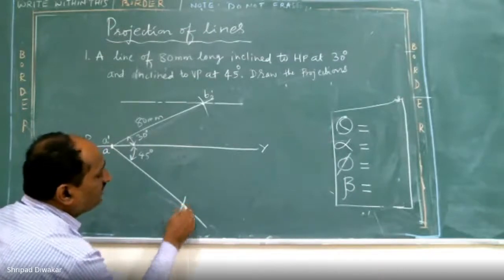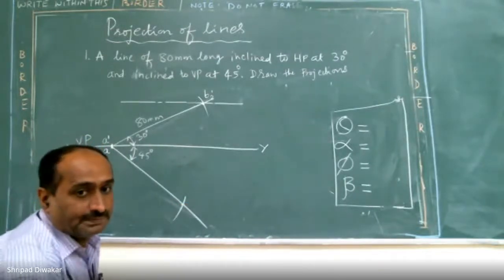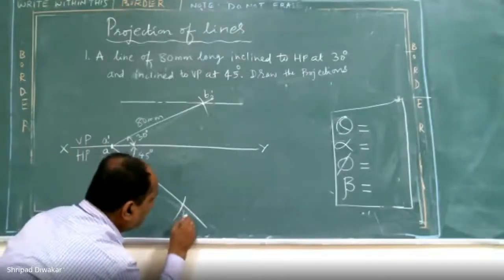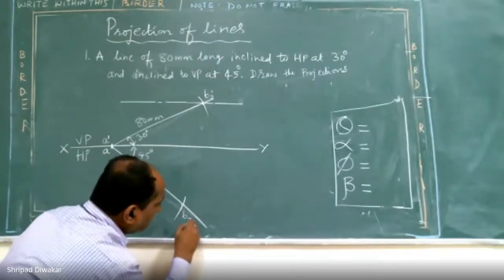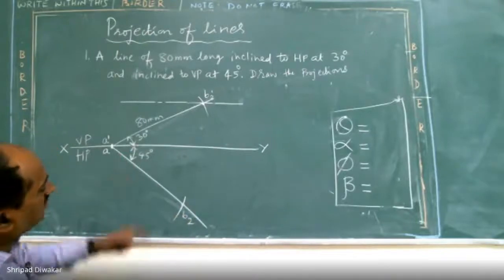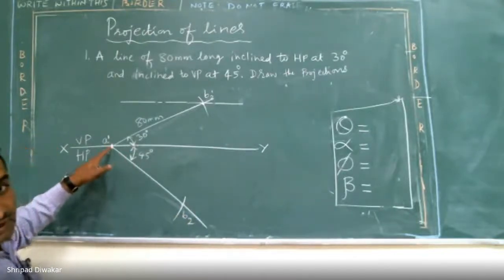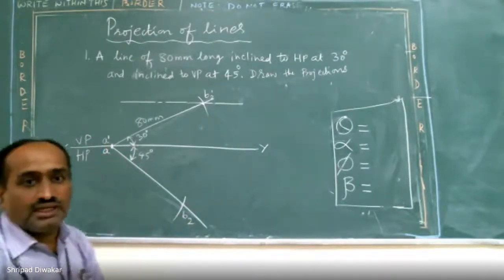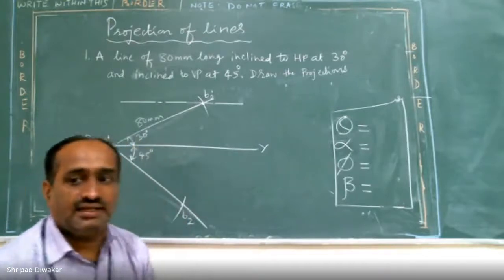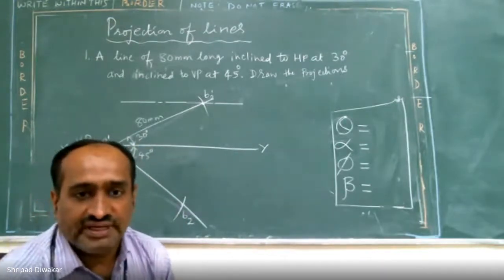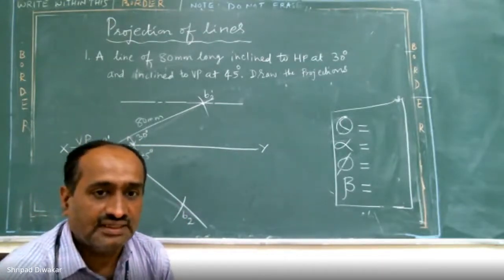And what is that point? So B2. Good. It is B2. That is your apparent length in the top view. So, after locating A, draw a line at an angle of 45 degrees.